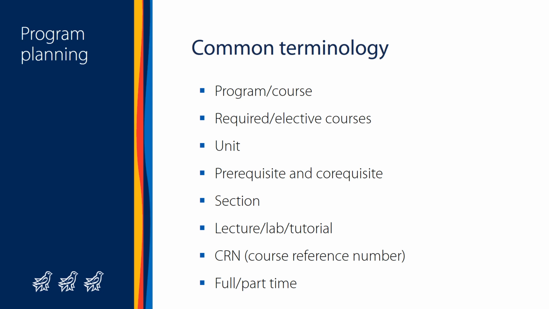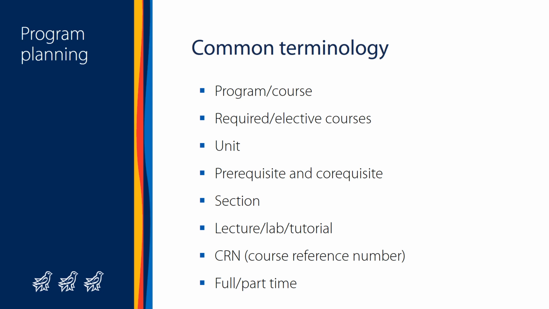Lectures versus labs versus tutorials. These are all components of a typical course. So when you register for a course, you're typically going to have a lecture associated with it. But you might also have a lab and or tutorial. There will be unique identifying sections for each lecture, lab, and tutorial that you're considering. And all of these sections will be indicated by their own unique 5-digit course reference number, the CRN.